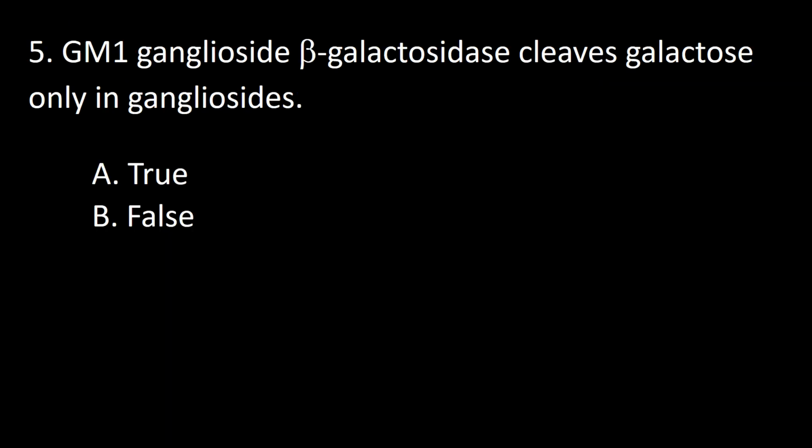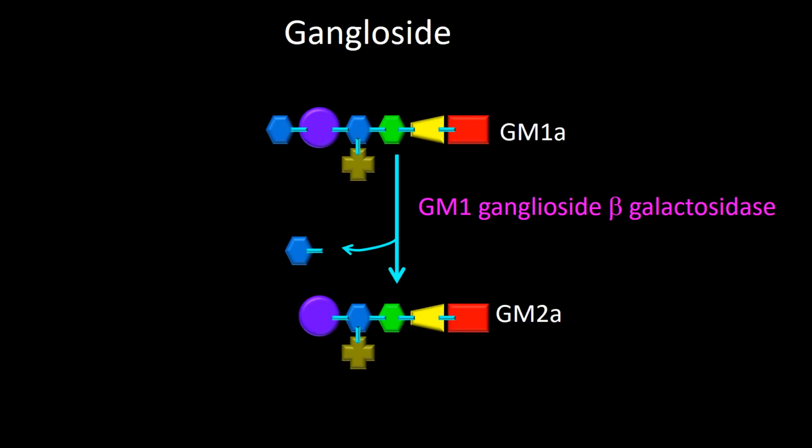Next question. GM1 ganglioside beta-galactosidase cleaves galactose only in gangliosides. A true, B false. As we have seen, GM1 ganglioside beta-galactosidase transforms GM1 into GM2 by cleaving a galactose from the ganglioside, but that is not the only work this enzyme does.